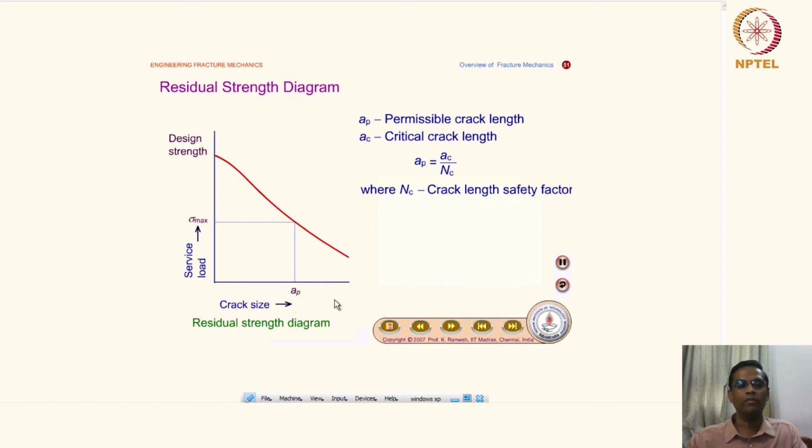If you have this crack load plot, you will be able to get this. So AP is a permissible crack length. You look at AP, that is a crack length which is against the sigma max. AC is a critical crack length, which is related to AP by AP equals AC divided by NC, where NC is a crack length safety factor.